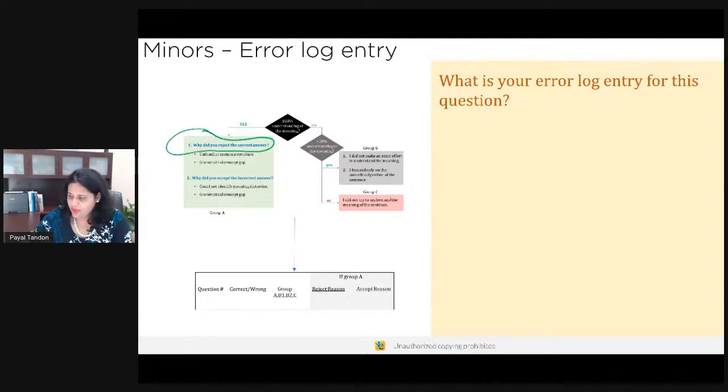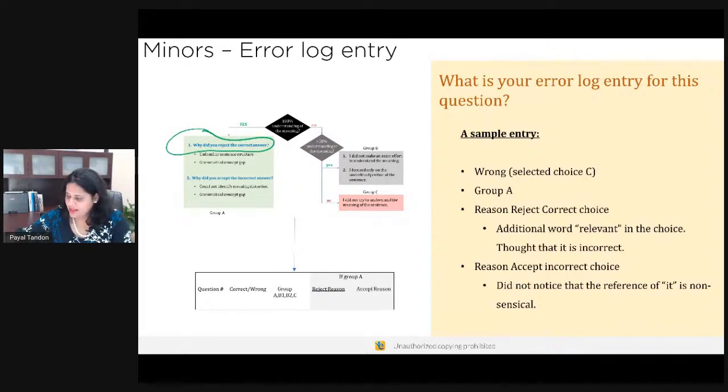One of the possible entries could be that this additional word "relevant" existed in the choice and you thought it was incorrect. So that's when you learned a new thing from this particular question, that there could be an additional word in the correct answer choice as long as that word makes contextual sense.